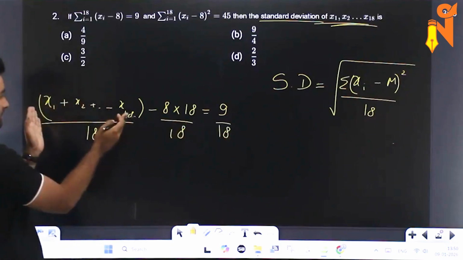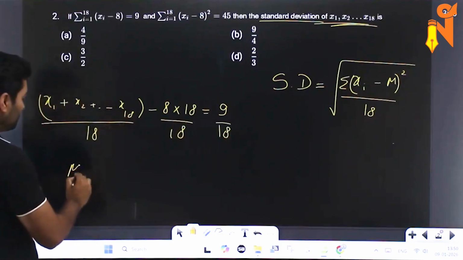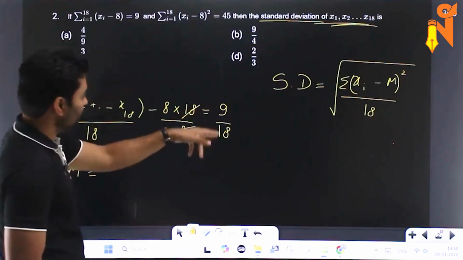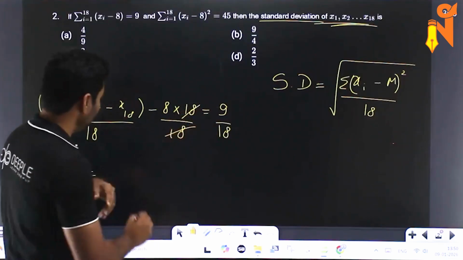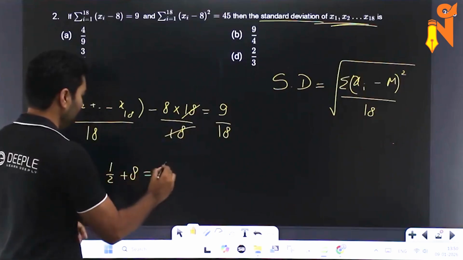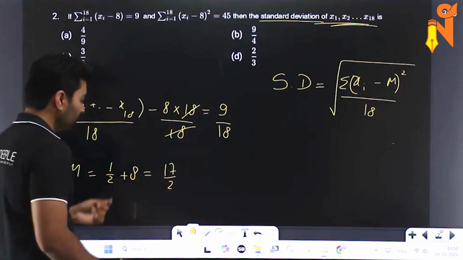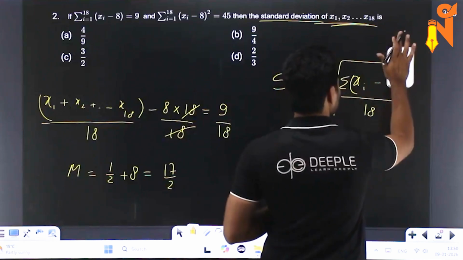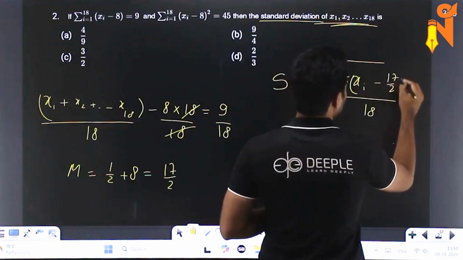So this is the mean. M is equal to 1 by 2 plus 8, how much? 17 by 2. So I will put this mean value here. This is 17 by 2. Very nice.